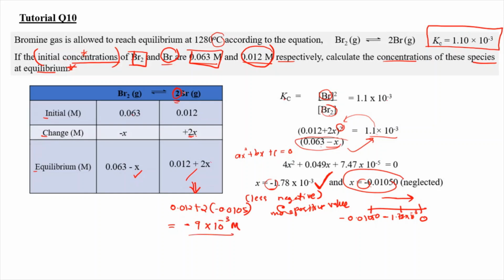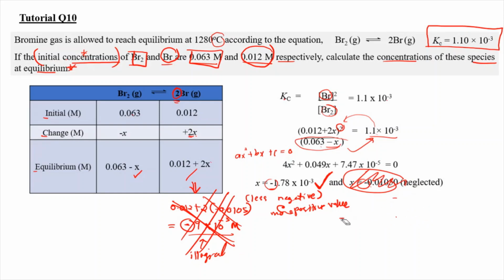So at equilibrium, the concentration of Br is negative, and hence it is illogical. Concentration will never be negative, and that is why we are going to ignore the negative 0.0105 here, and just take the more positive value.